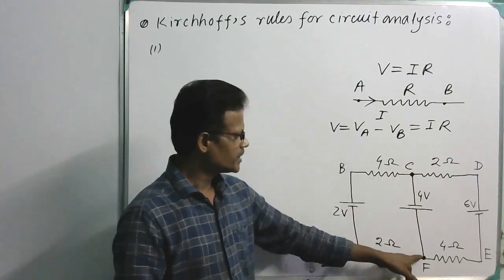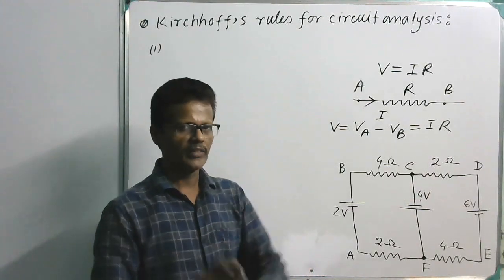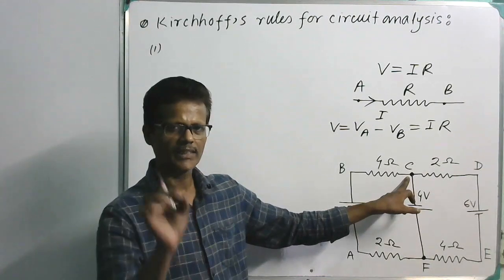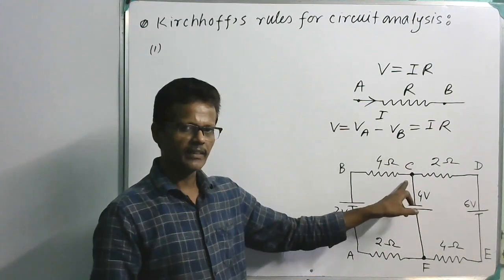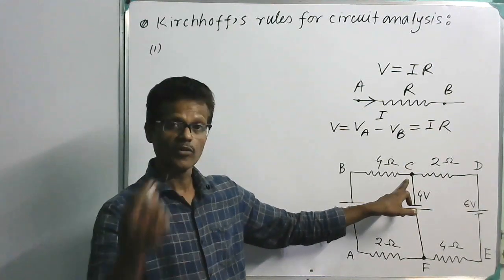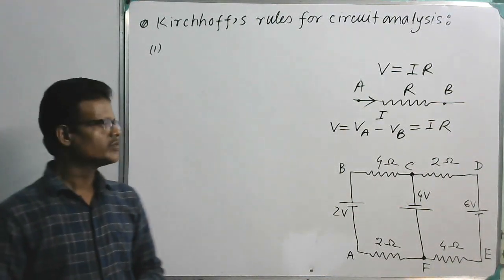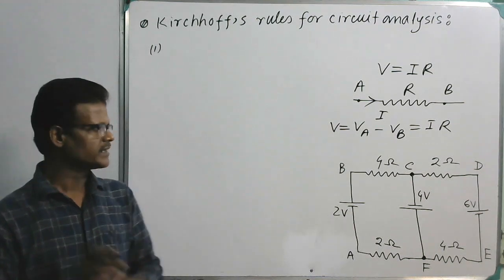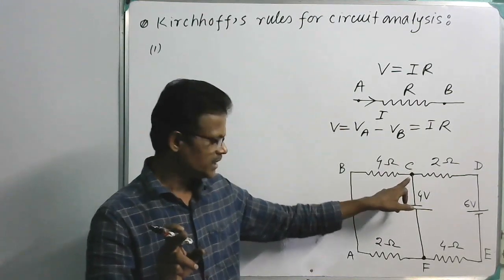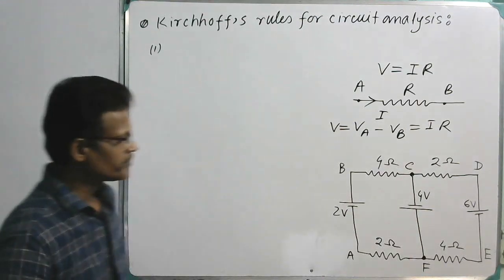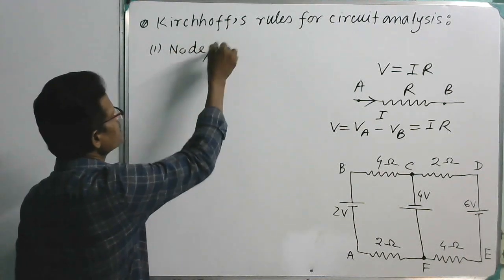These are the branches or conductors meeting at this point. If three or more conductors meet at a particular point, then that point is a junction, or sometimes we call it a node of an electric circuit. So in this circuit there are only two nodes, node C and node F. Clear? So that is node or junction.